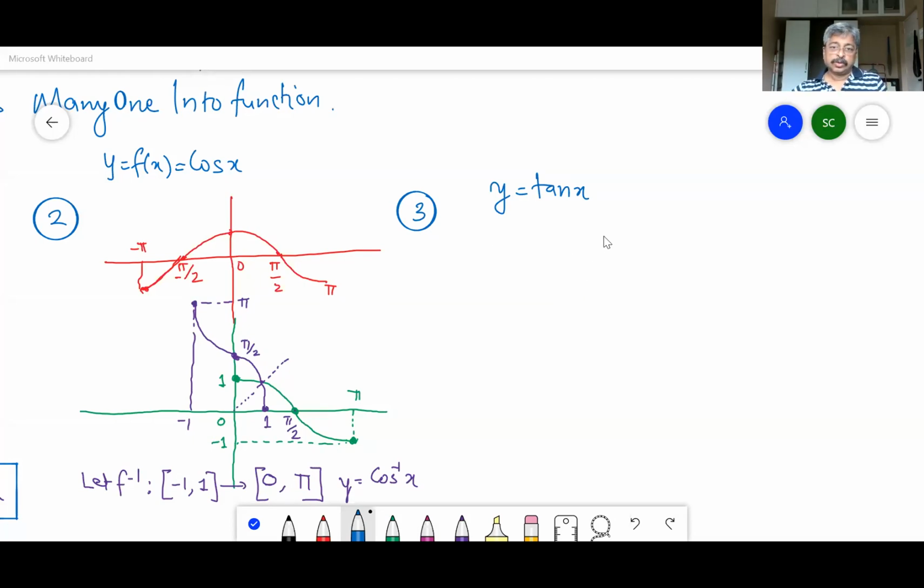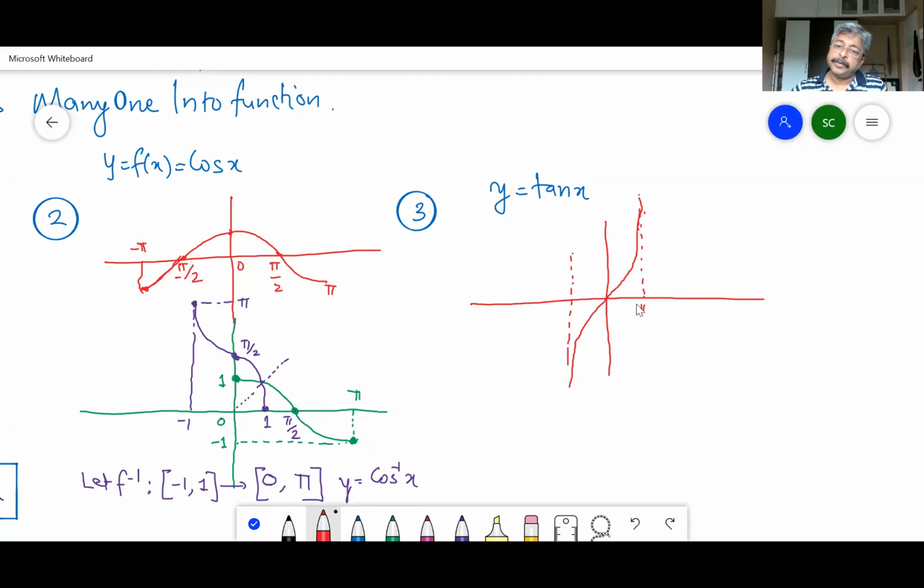Okay. So the tan function is like this. And you have some special angles, so dotted vertical lines here, π/2, -π/2, this is 0, and R is the range.